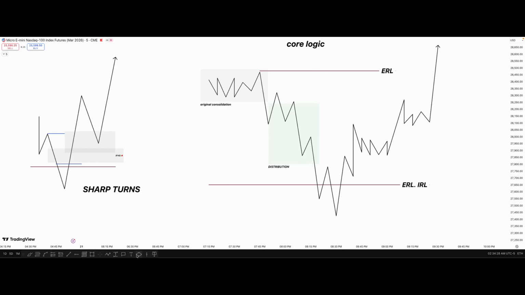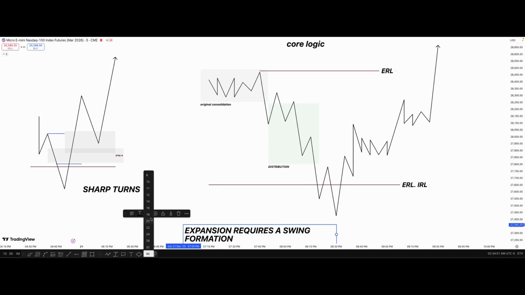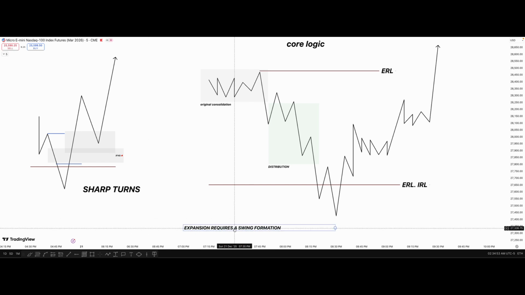So let me just write it down somewhere here that an expansion will always require a swing formation.